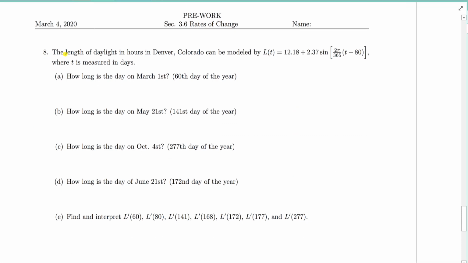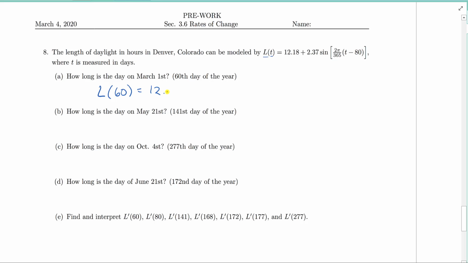Number 8 is an interesting question in which we look at the length of daylight here in Denver, Colorado. So I came up with this equation from some data that I found on daylight hours. And so we can ask questions like, if the length of daylight is given by the time of the year in days, how long is the day on March 1st? And all we need to do to calculate that is plug 60 into this function.